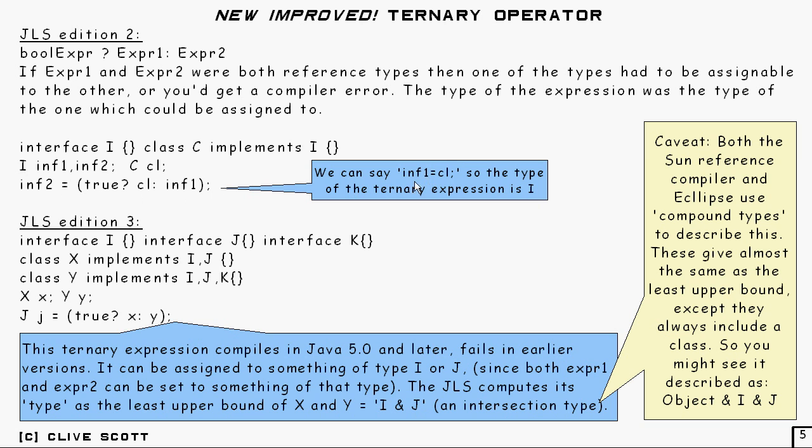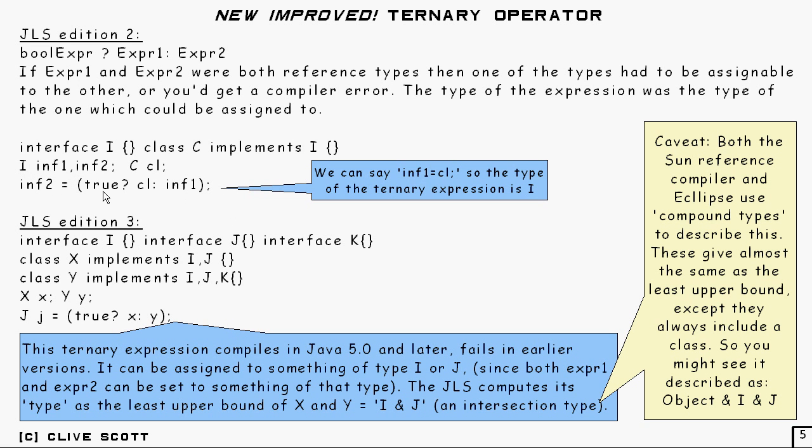That's assigning something of type C to something of type I, so the resulting expression is of type I, which is quite acceptable for inf2 because it's of type I.